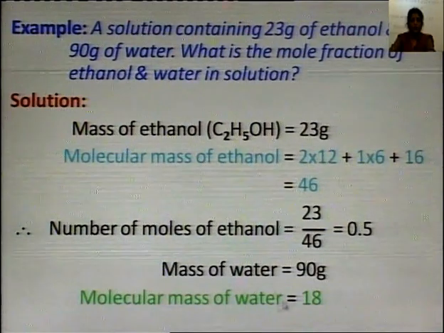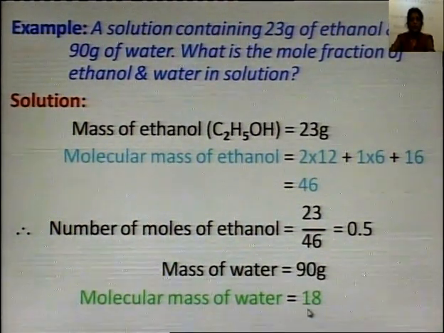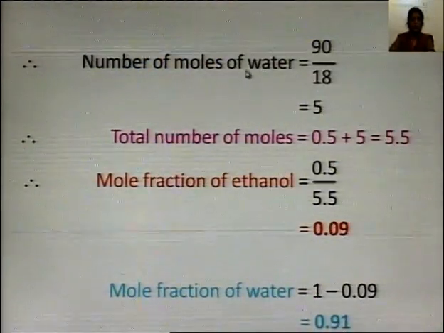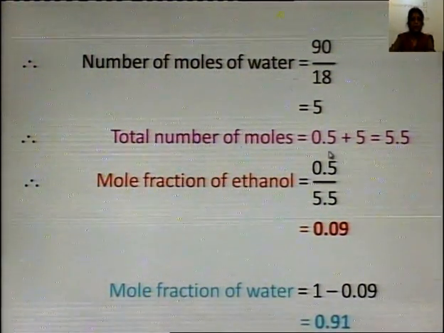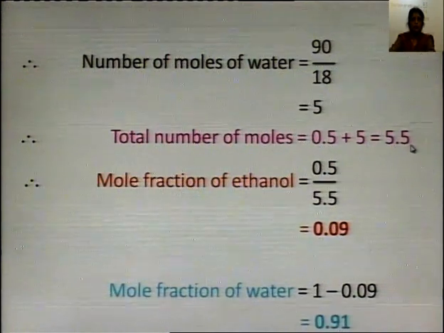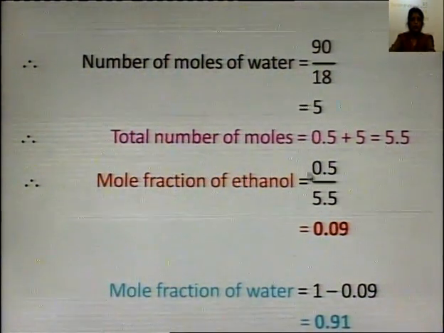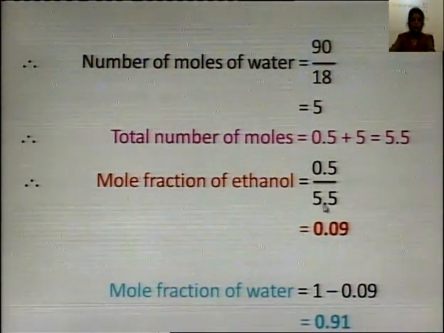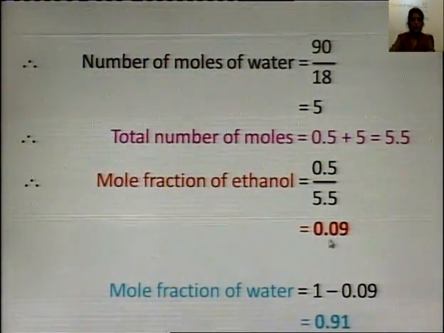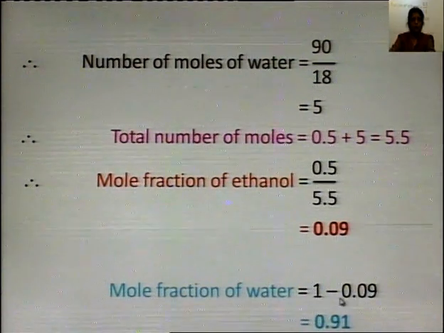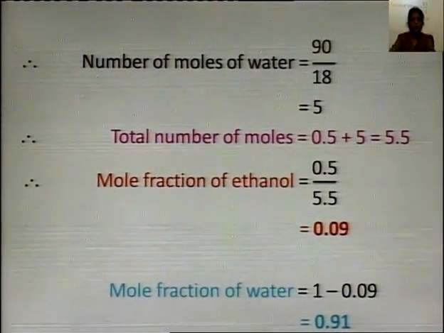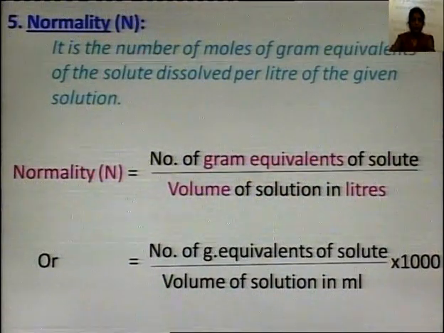Mass of water is 90, molecular mass of water is 18, so number of moles of water is 90 upon 18, that is 5. Total number of moles is 5.5. Mole fraction of ethanol is number of moles of ethanol divided by total number of moles, that is 0.09. Mole fraction of water will be equal to 1 minus 0.09, which is 0.91.